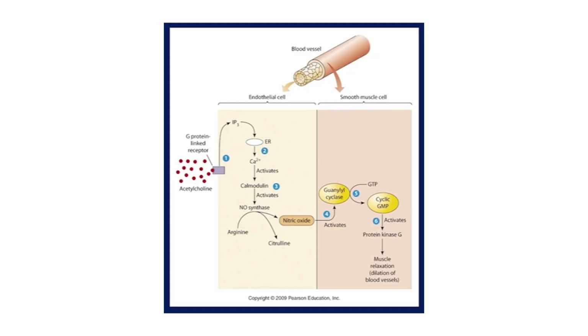It feeds back to the calcium, and it also leads to relaxation of the muscles in the blood vessels, leading to dilation of blood vessels. Okay, so this process was explained, and now we can tackle some questions relating to it.